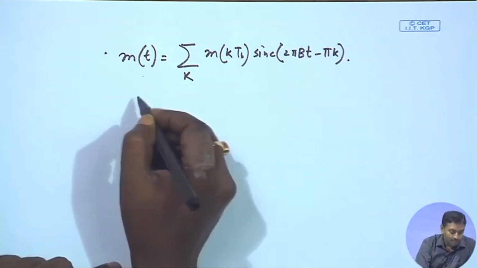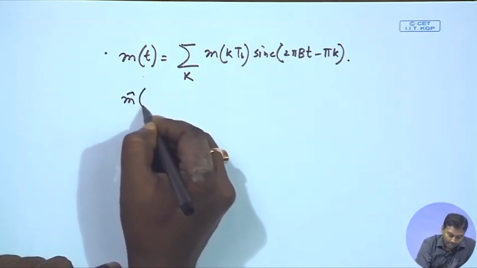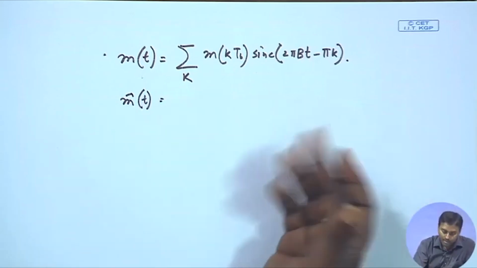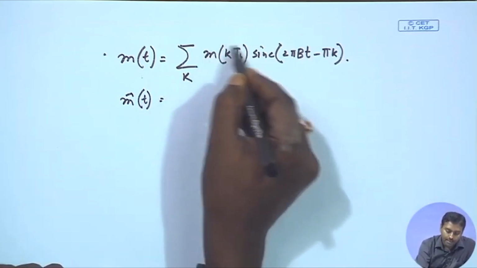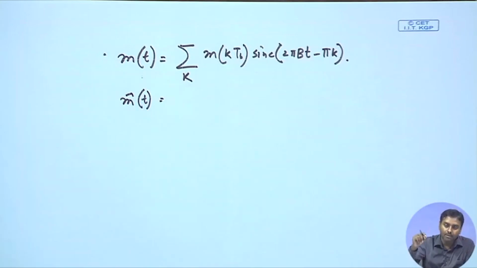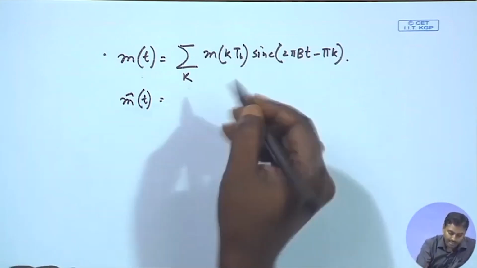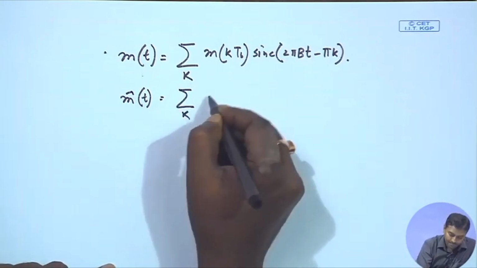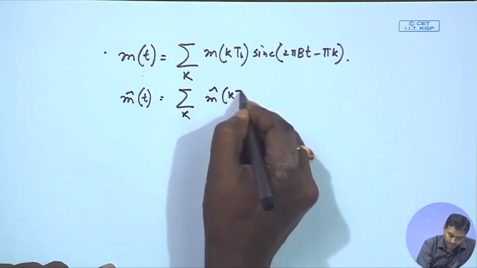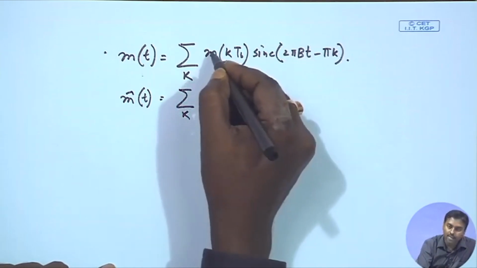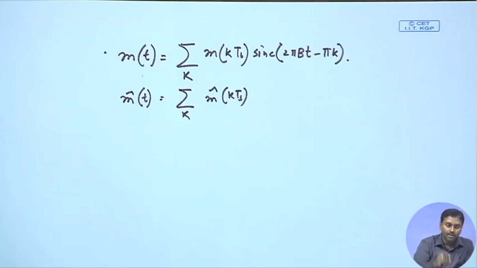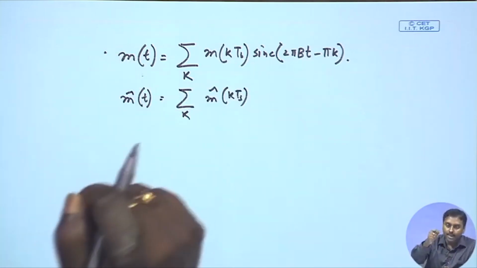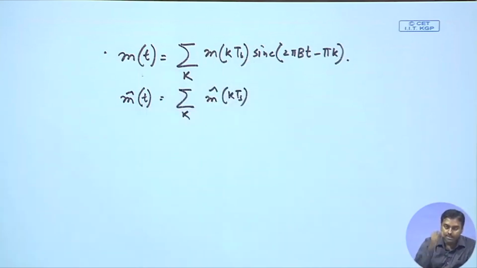Whereas, my quantized one will be almost similar, but instead of taking this, I will be taking that middle value. Let us call that m hat, because I cannot get all these values. This can be any arbitrary value between minus mp to plus mp, but I will be taking those quantized middle points.